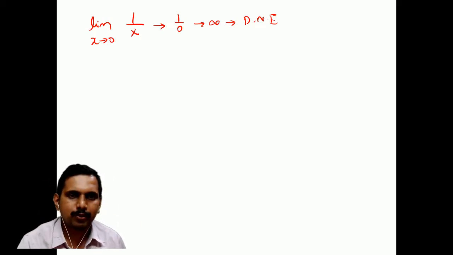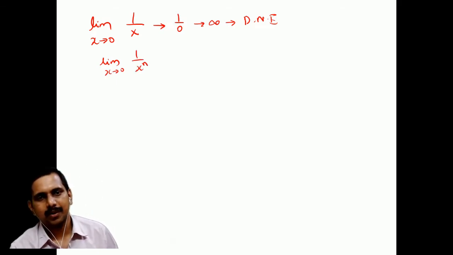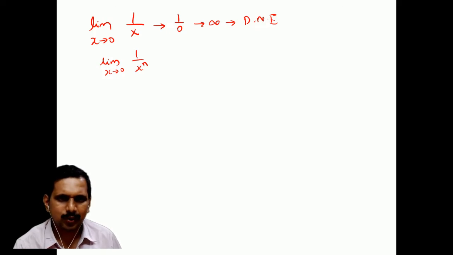Or if you say limit x tending to 0 of 1 by x raised to n, then you cannot do anything, it will go to infinity.